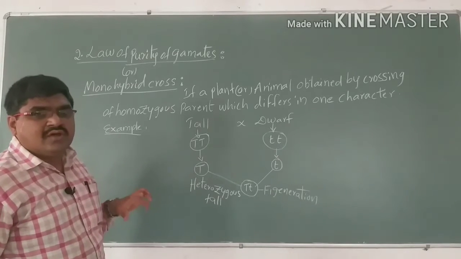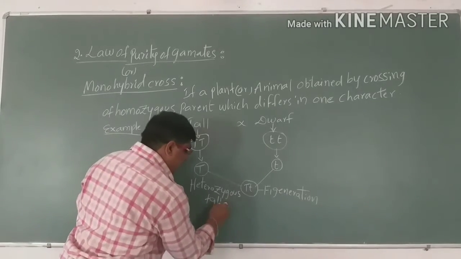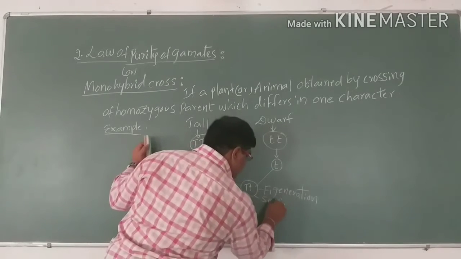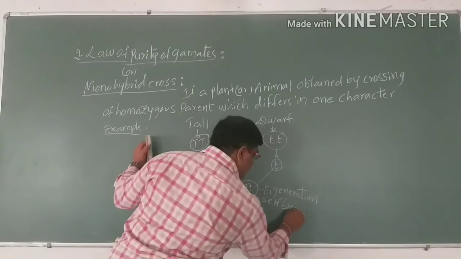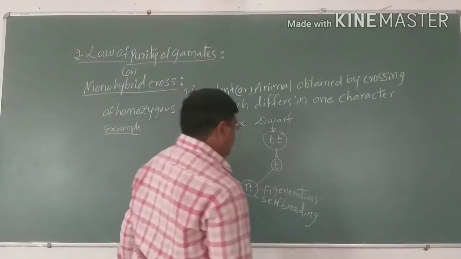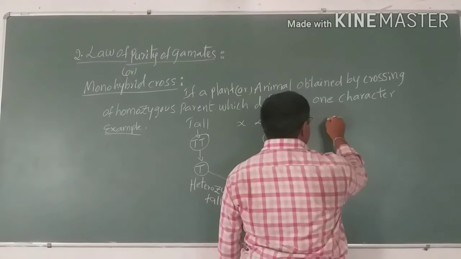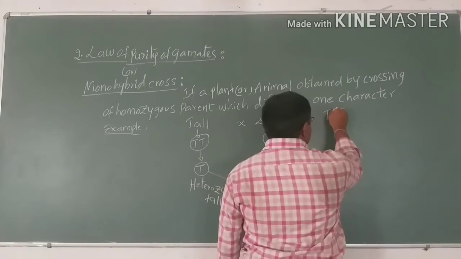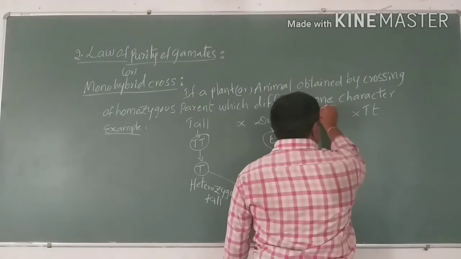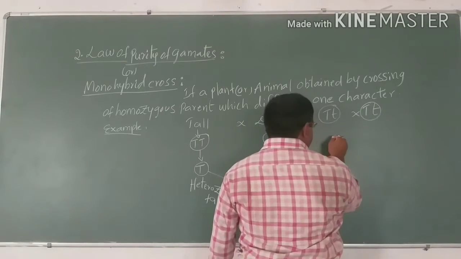In self-breeding in the F2 generation, capital T, small t is crossed with capital T, small t, where these are the gametes.